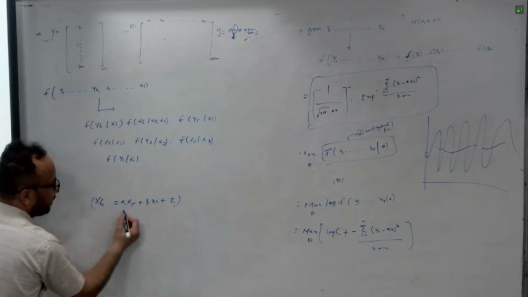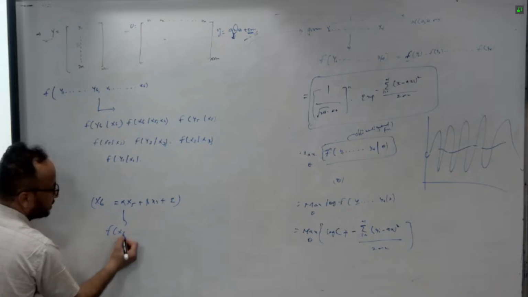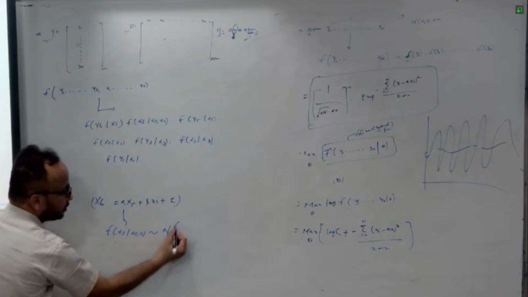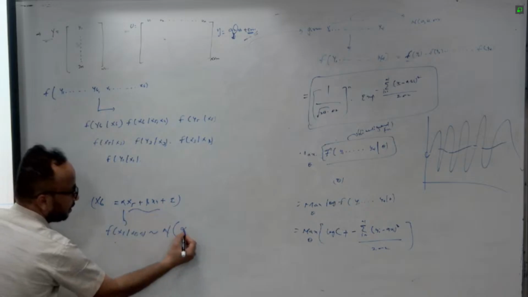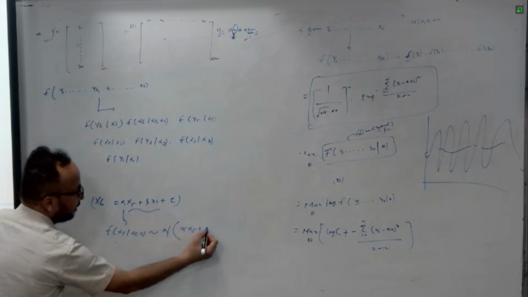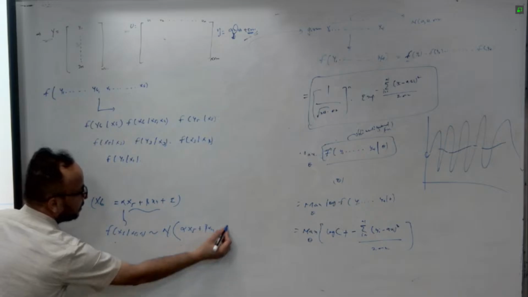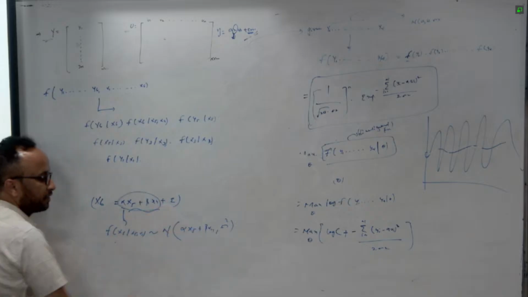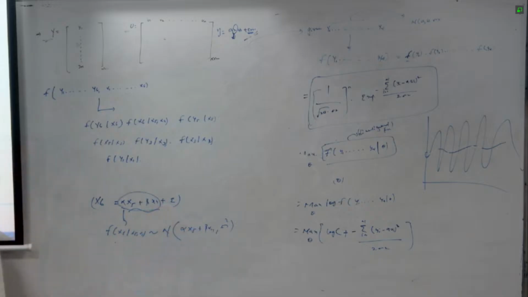If I write it in density function form, x6 given x5 comma x4 follows a Gaussian distribution with the mean alpha into x5 plus beta into x4, and variance sigma square. Just take the expectation of it, you will get the mean and the variance of it. So this is the model that I'm choosing.